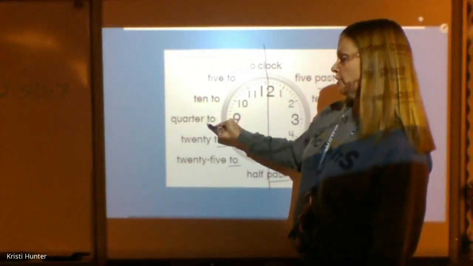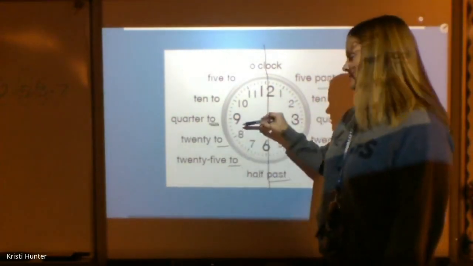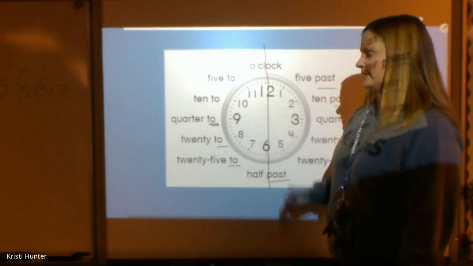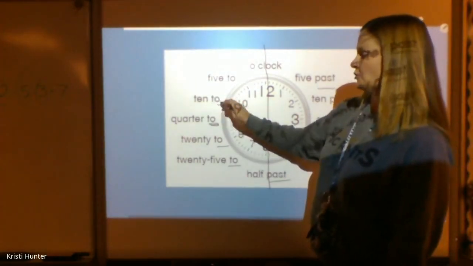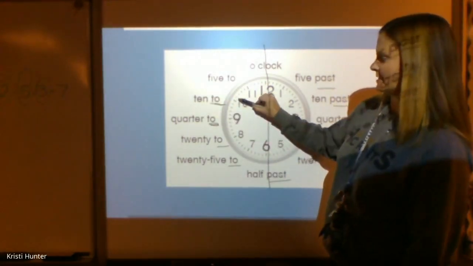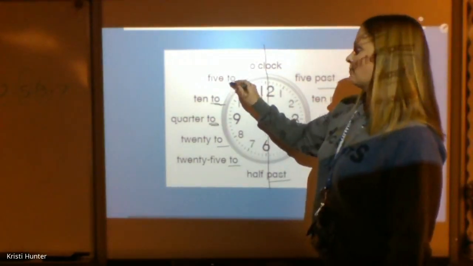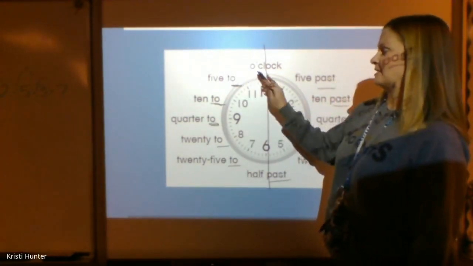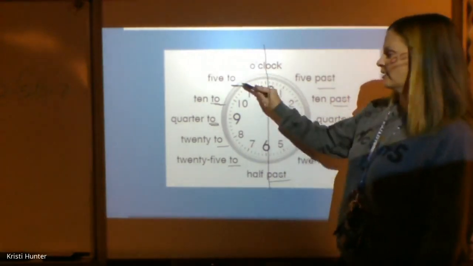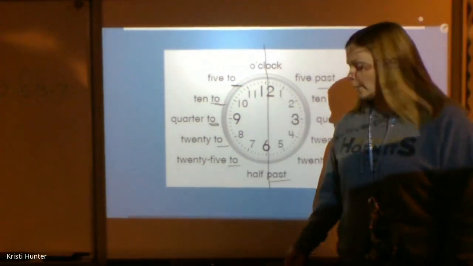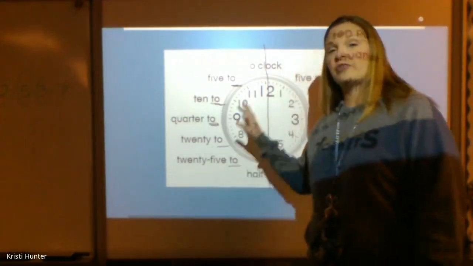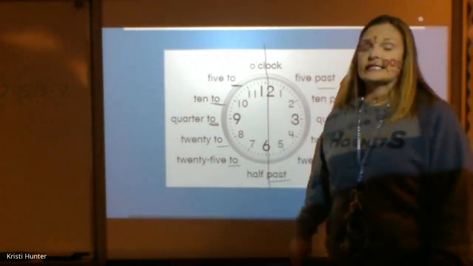Then we have quarter to, we remember that from yesterday, if we're pointing here at the 9. 10 to, if we're pointing at the 10, because in 5, 10 minutes, it will be the next hour. And then up here at the 11, it is 5 minutes to the next hour, just 5 minutes, right? So we're going to be working with these terms to tell our time.